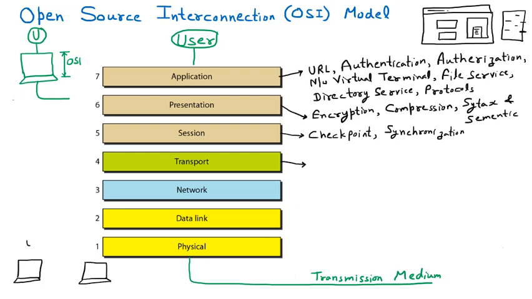Now you are user 1, I am user 2. You are sending the data and I am receiving it. And there is a line, a wire, there. In that particular wire, there may be some devices, but I am not taking them right now.